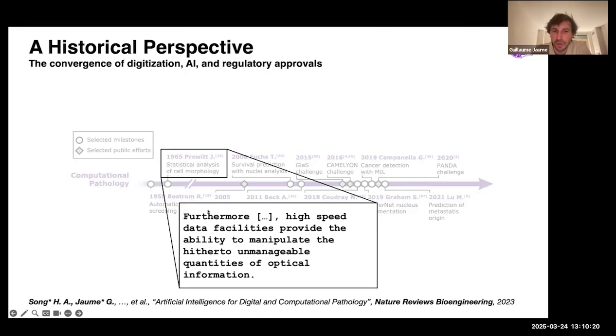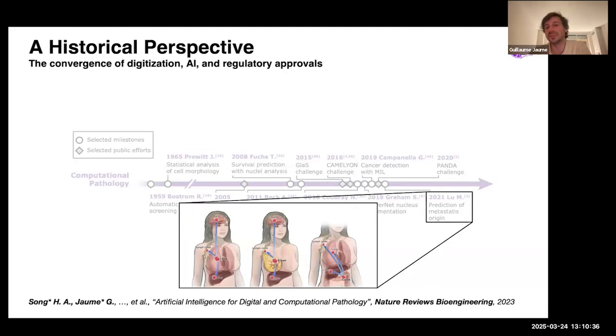So spoiler alert, she was a bit enthusiastic with the assessment of the computational capabilities that we had back then. And despite this work being very interesting and laying down the foundations, at least conceptually, of everything we've been doing, it took about 50 more years to show that for the first time, an AI model could automate some task at least as well as human experts.